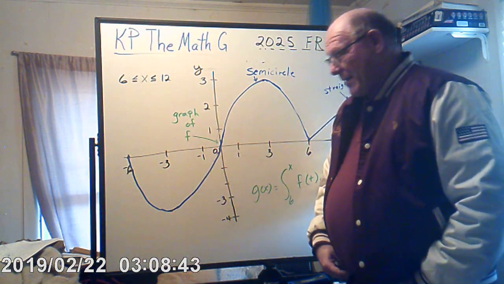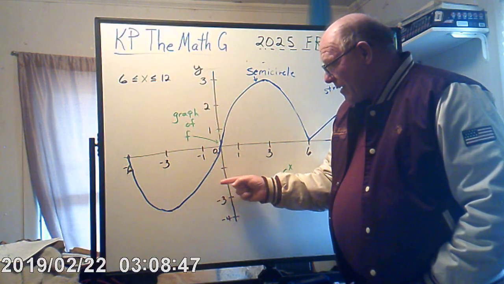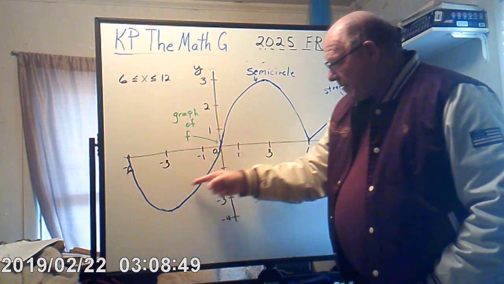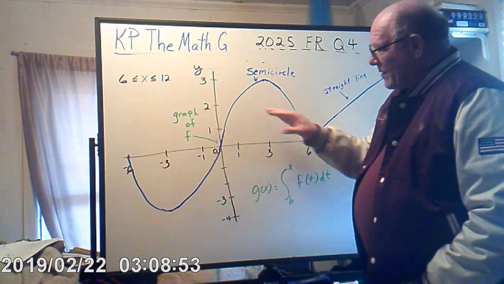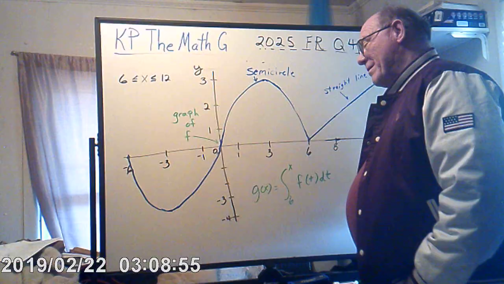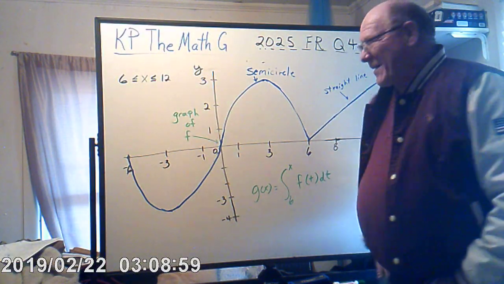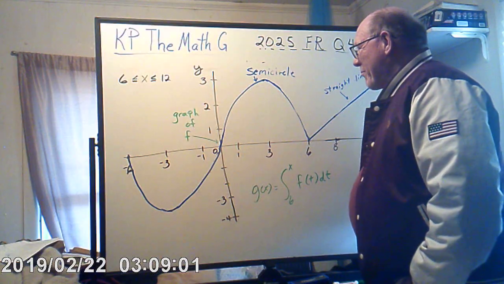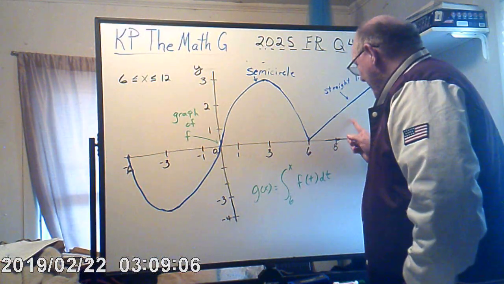But anyway, there it is. I probably could have moved this -3 up here and made a little more semicircle right here, but I wanted you to be able to see. Anyway, it could have looked better. That's okay. These are semicircles, and this is a straight line.